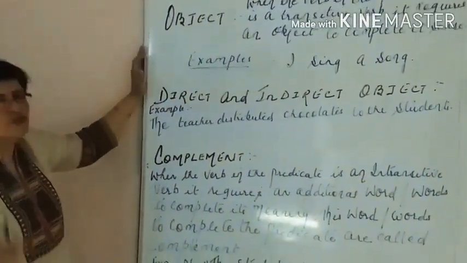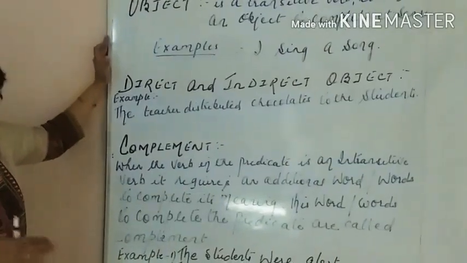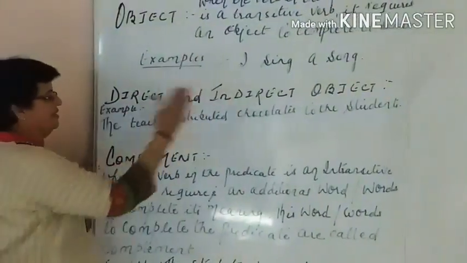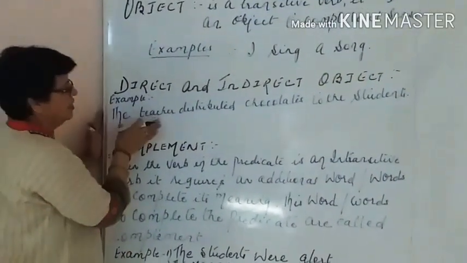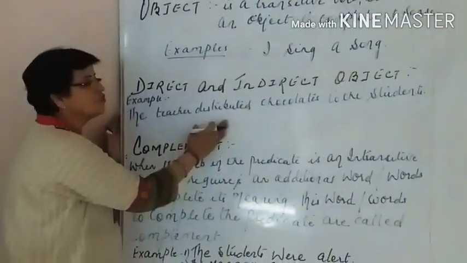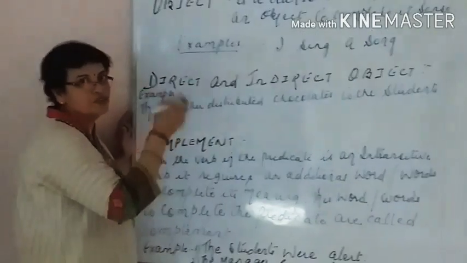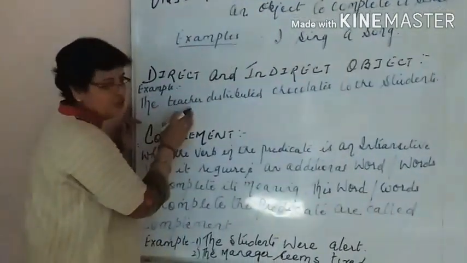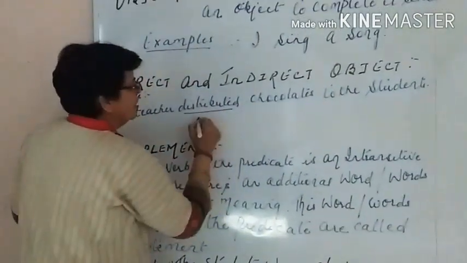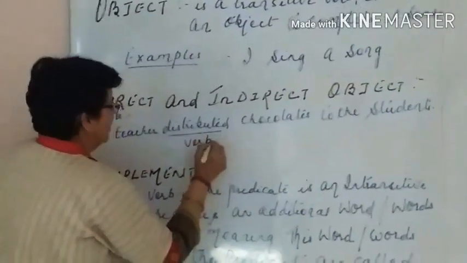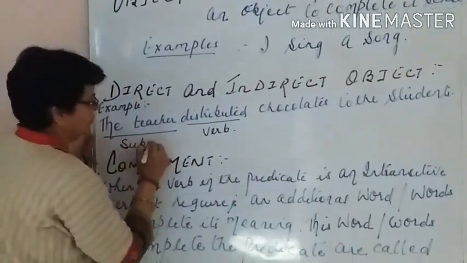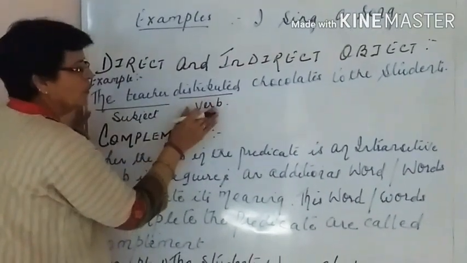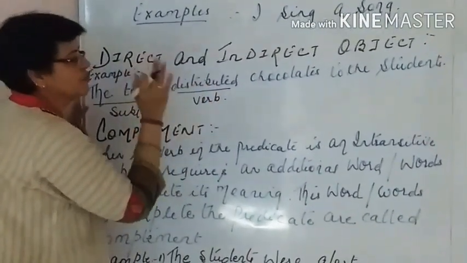There are basically two types of objects which are added to the sentence: direct and indirect. It can be proved in this given sentence. Again, I'm explaining it. The teacher distributed chocolates to the students. The teacher is the subject. Distributed is the verb.